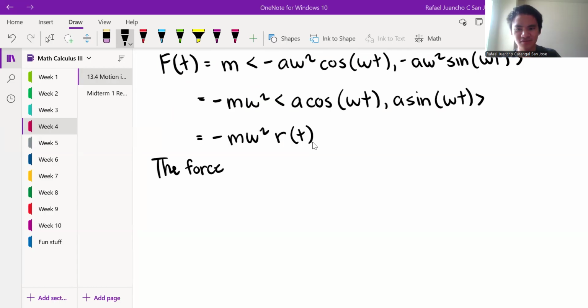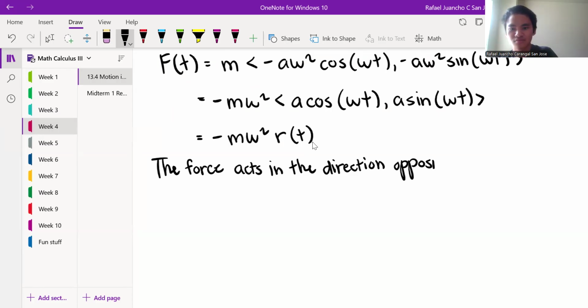Let me just write all of that. The force acts in the direction opposite to the radius vector.